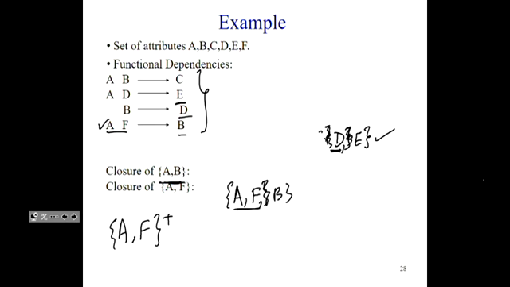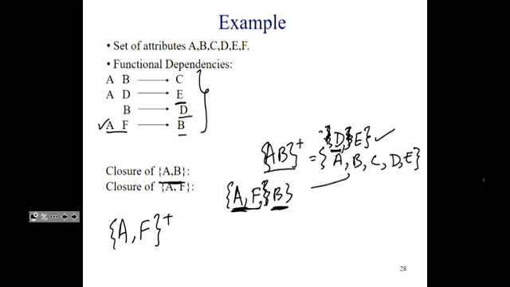Now I can do a trick, right? I knew that AB plus is equal to A, B, C, D, E. Since the closure of AB is A, B, C, D, E, I can add that to this set because it would be basically like going through the set of functional dependencies once again.